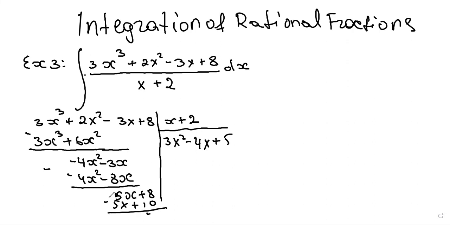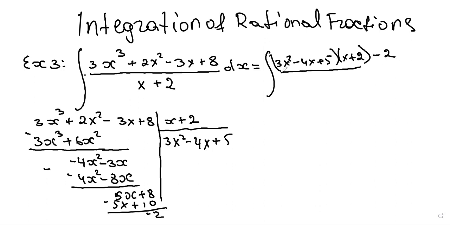That makes negative 2. So it means that in the numerator we can write (3x squared minus 4x plus 5) times (x plus 2), minus 2, which is our remainder, over x plus 2, dx.